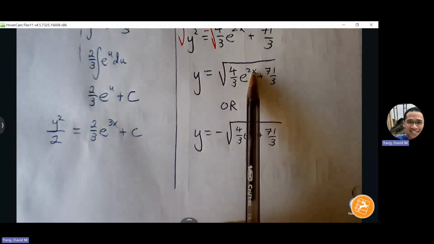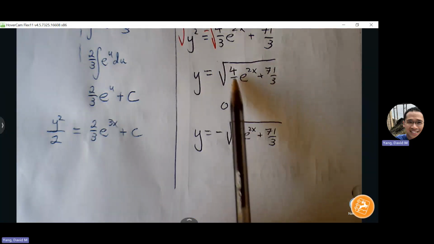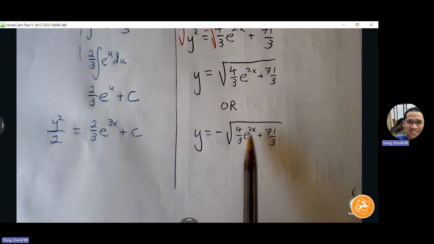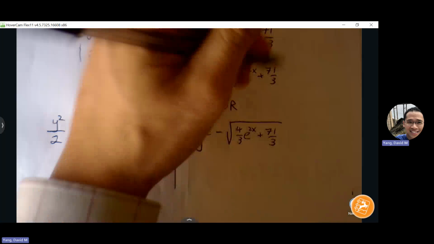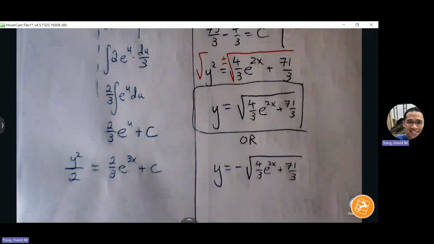If I plug 0 in here, I'm going to get 75/3. Square root of 25 is a positive 5. But plug 0 in here, I'll get root 25, but then the negative is going to stay. We want the positive square root. It's based on the ordered pair. We want something that will actually go through that point.